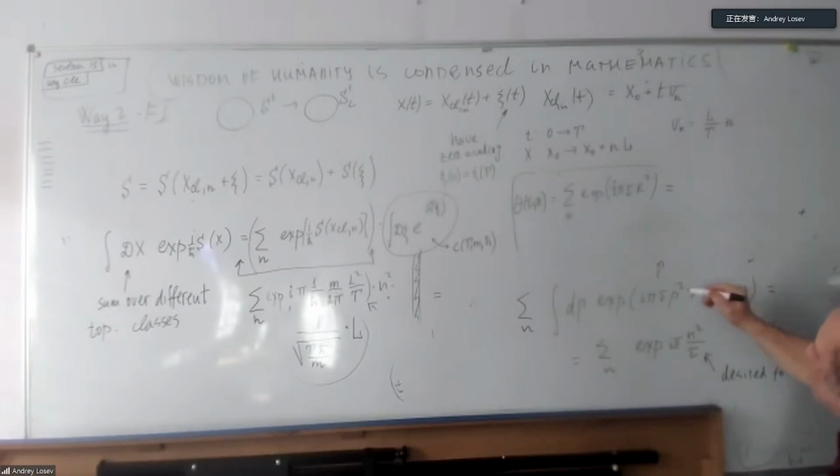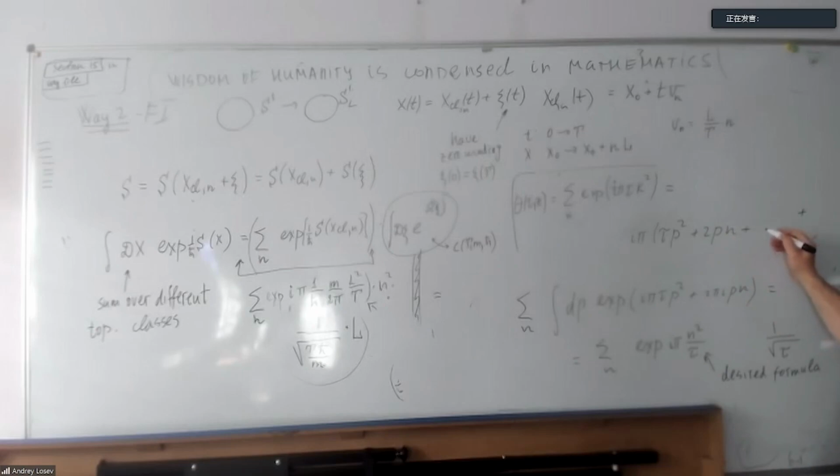Okay, I'll rewrite it in the following way: i pi tau p squared plus 2pn. And it is almost a complete square. To get a complete square, I will add what? n squared over tau, and I will subtract n squared over tau. Okay, so I'm getting it correct.